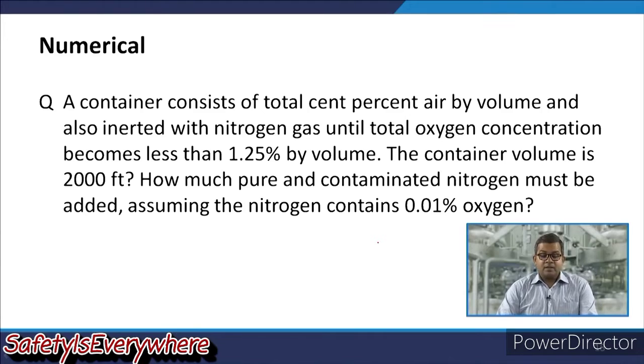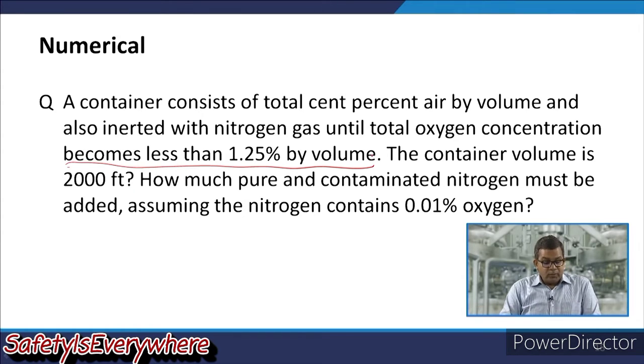Now at the end, we would like to discuss a couple of numericals through which you can understand this chapter well, although there are certain things given in the reference and you can have a look at those. As far as the first numerical is concerned, the container consists of a total percent air by volume and is inerted with nitrogen gas until the total oxygen concentration becomes less than 1.25% by volume.